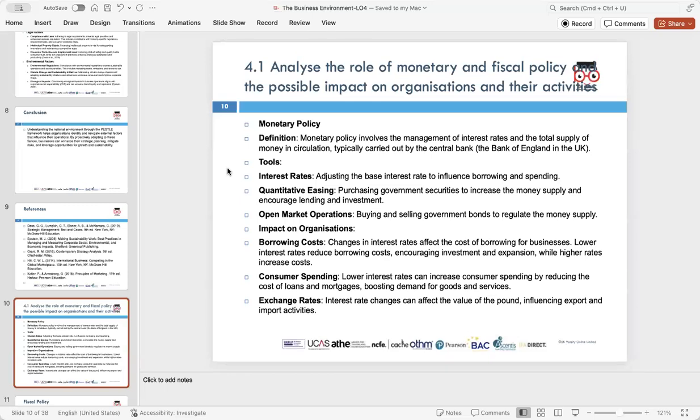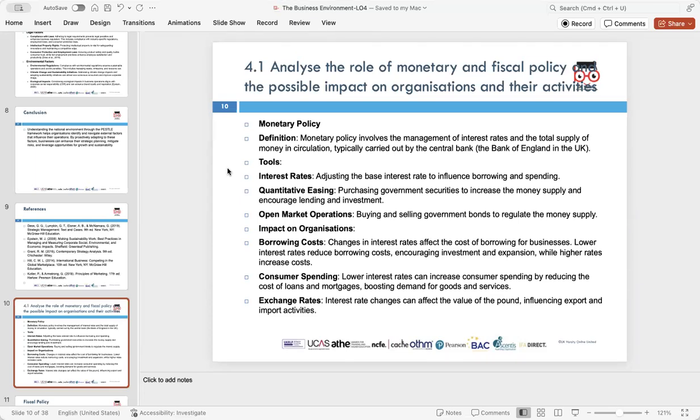Open market operations refer to the buying and selling of government bonds by the central bank to regulate the money supply. By purchasing bonds, the central bank injects money into the economy, while selling bonds withdraws money from circulation.